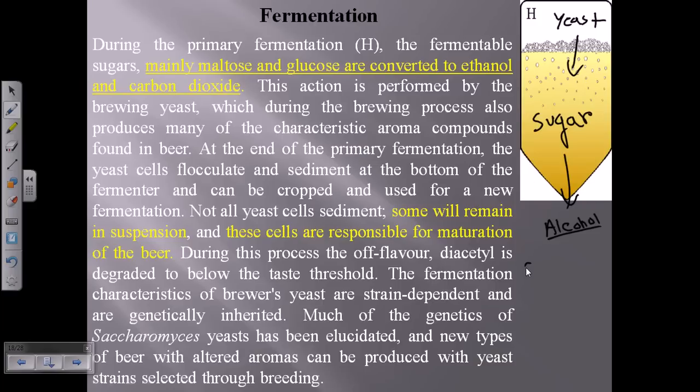But usually there is some sugar left, and also some yeast remain there. We don't kill all the yeast after the lysis, because after a particular time, when the alcohol concentration is high in the fermentation chamber, due to the alcohol stress, because we know alcohol can be toxic for yeast, acting as a toxic material, it will start to lyse those yeast cells, right?